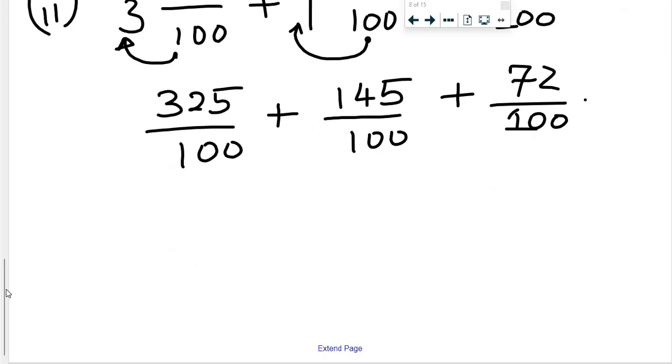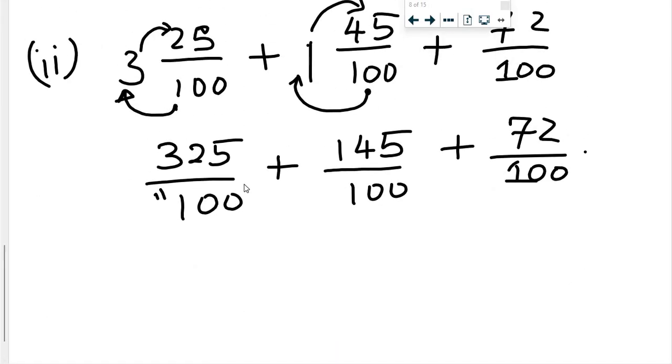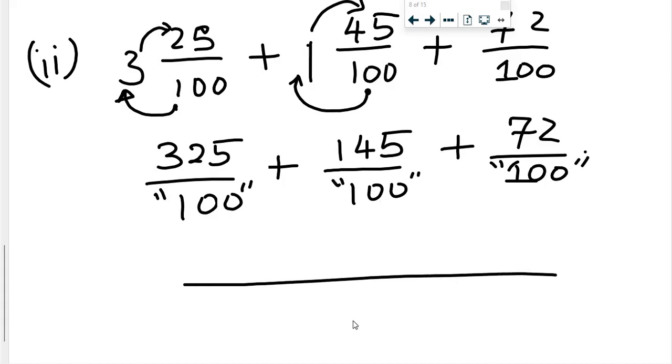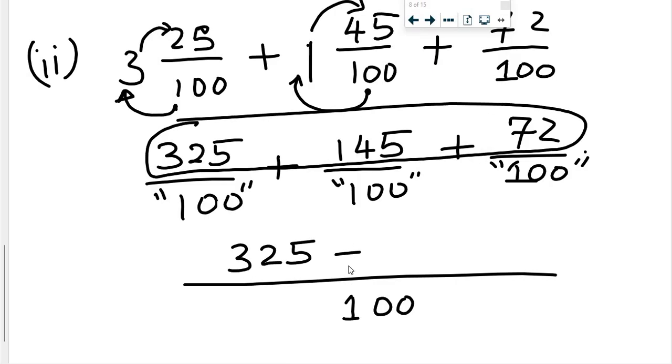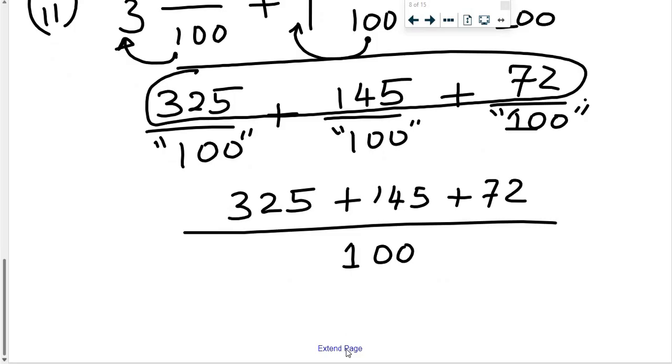Then, again, the denominators are the same. Since denominators are the same, make a line, copy-paste the denominator, and also copy-paste all these numbers. 325 plus 145 plus 72. What is the answer?